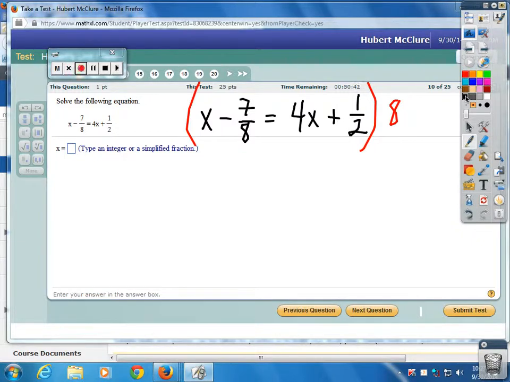And what will that give us? Good. And which X am I going to move? The 8x.